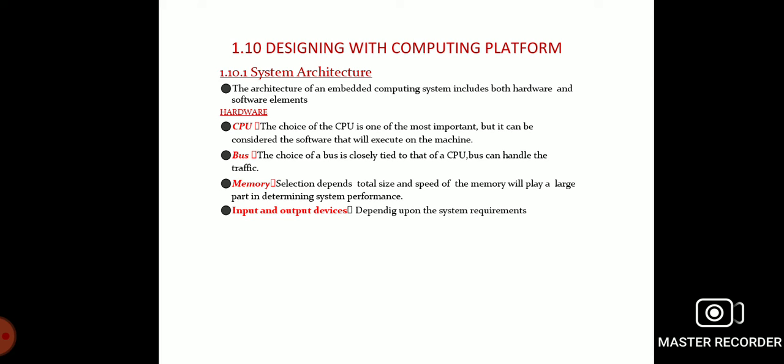The CPU is one of the most important, but it must be considered together with the software that will execute on the machine. The bus is closely tied to the CPU and must handle the traffic. The memory selection depends on the total size and speed, and the memory will play a large part in determining system performance. Then the input and output devices depend upon the system requirements.